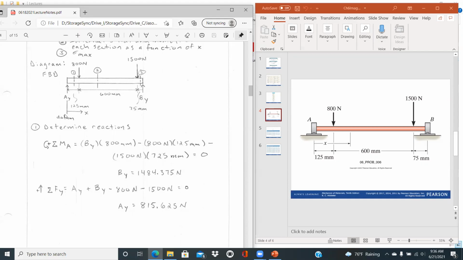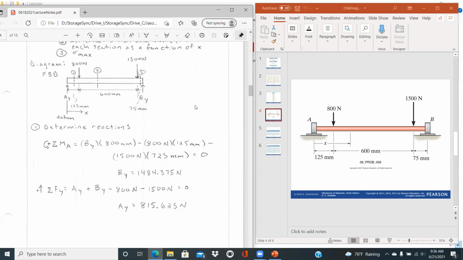So in this case, we'll leave our location A as the datum, or 0 is defined for x, and then it's positive to the right. That's important to maintain that datum relationship for each section of the beam so that x is consistent for all that.